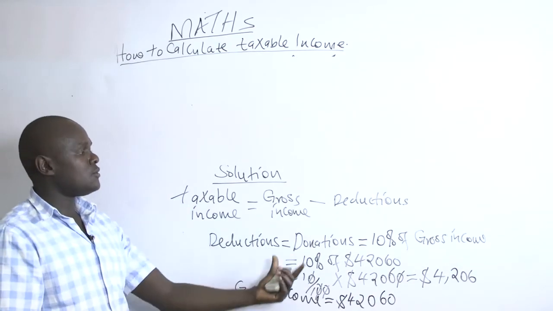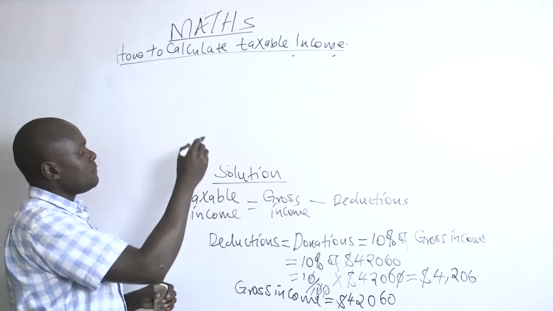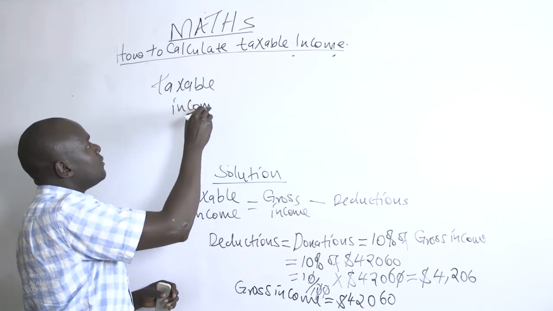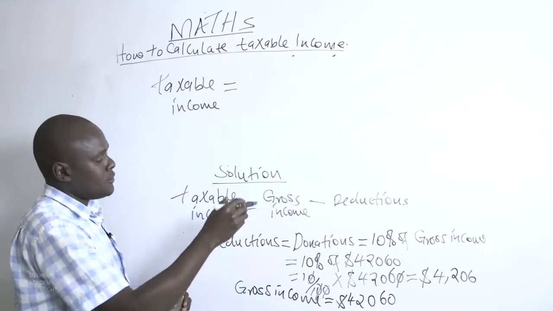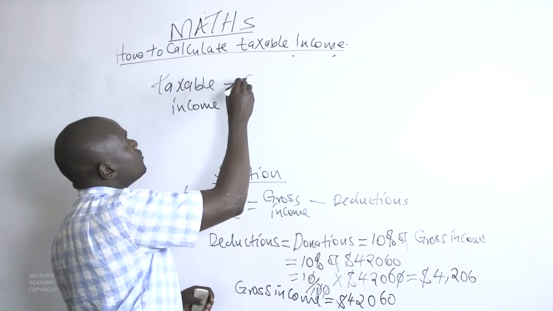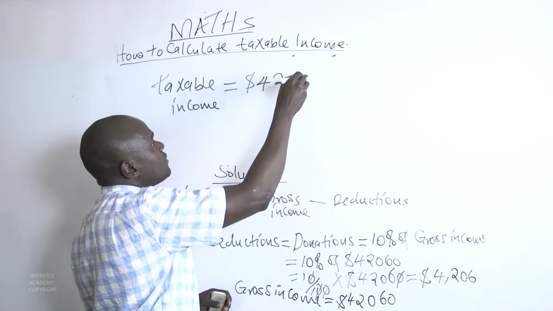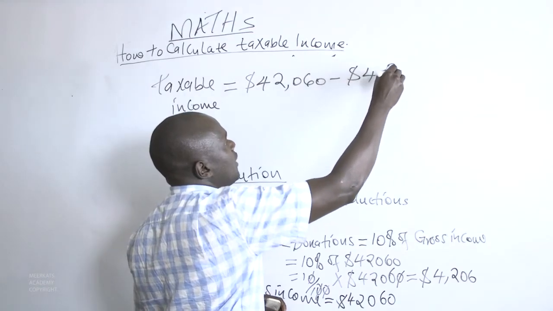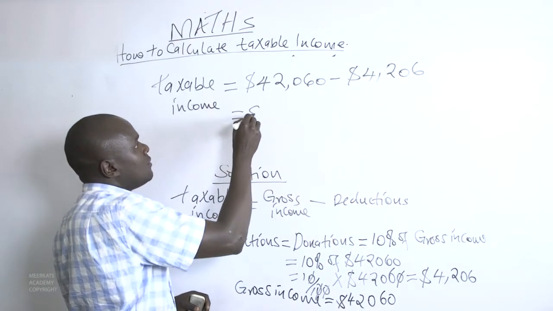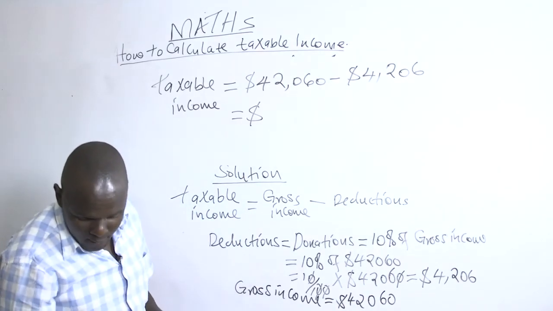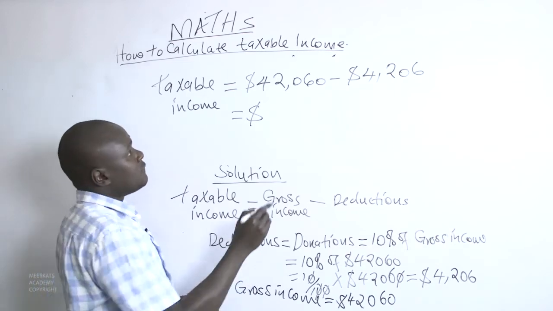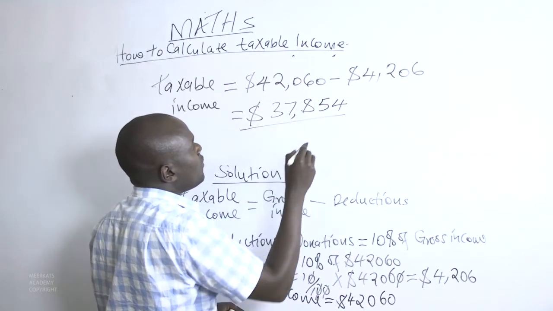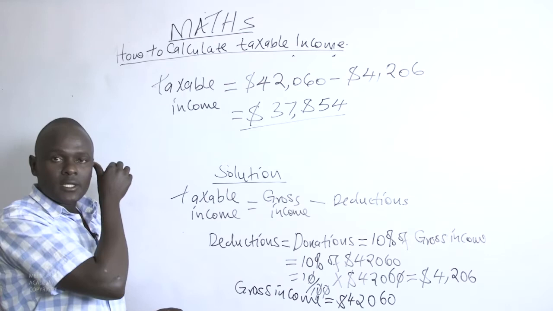So we substitute these two variables in our guiding principle so that our taxable income will be equal to $42,060 minus $4,206, giving us a figure of $37,854. This is what we have as our taxable income.